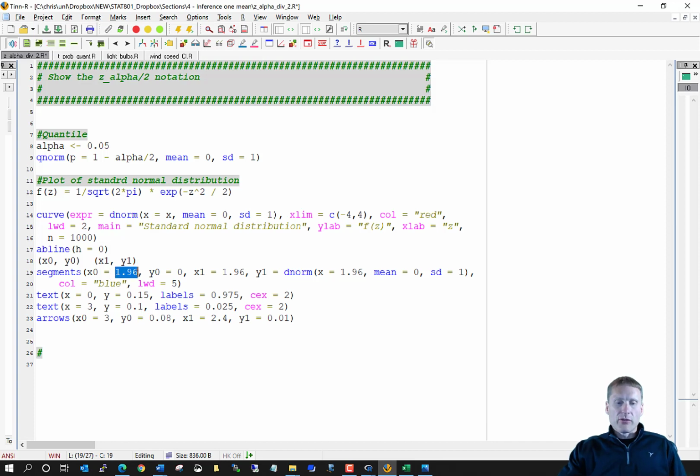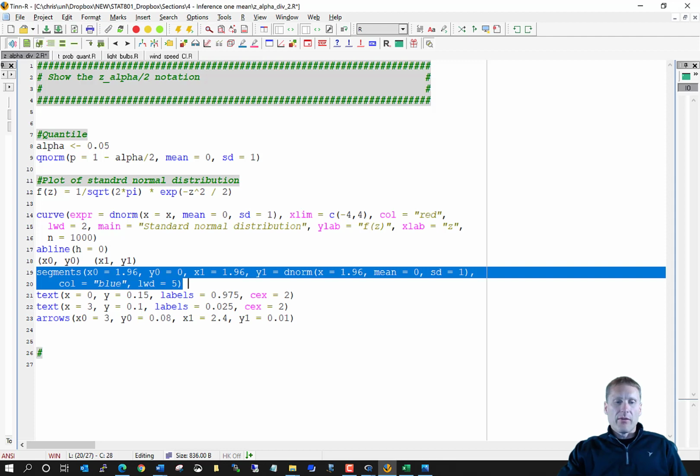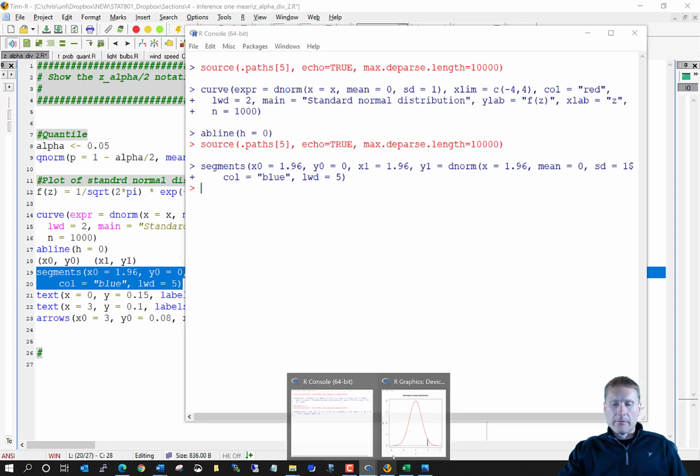I'm going to draw a straight line from 1.96 and 0 all the way up to 1.96 and what that f of z value would be, in other words, the curve on the plot. Going to color it blue, make the line width 5 times the default.